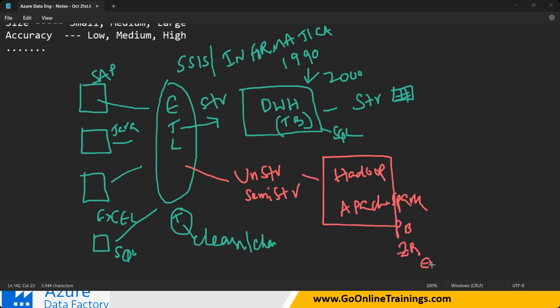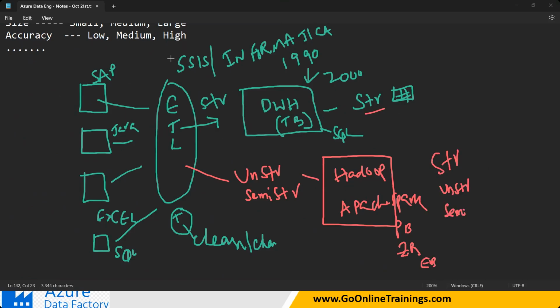It can store structured, unstructured, and semi-structured data, all of it. We will be able to get the data, load the data here, and further we will be able to use it, right?